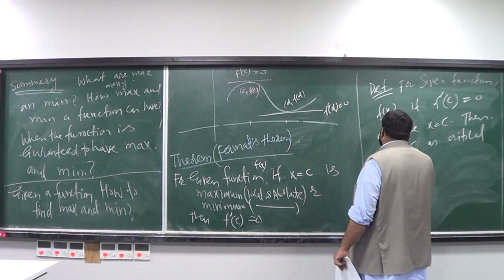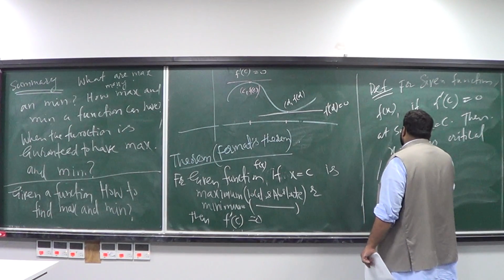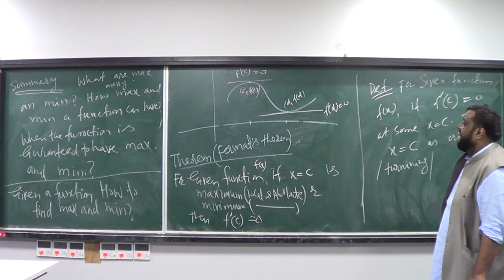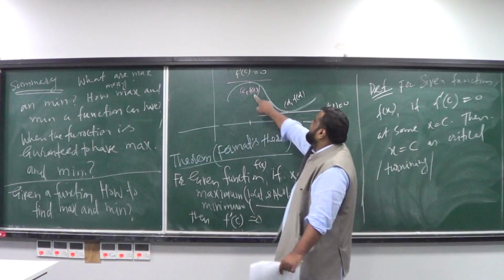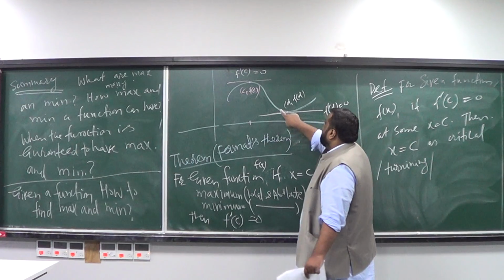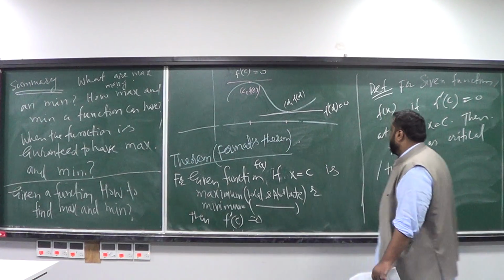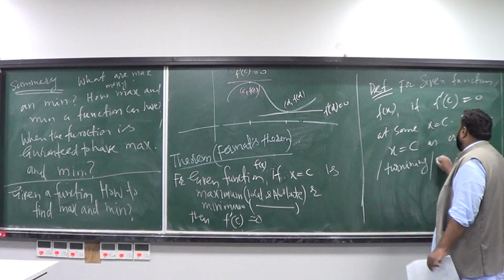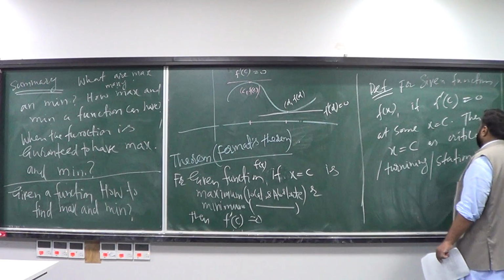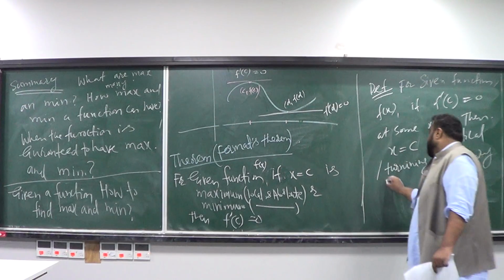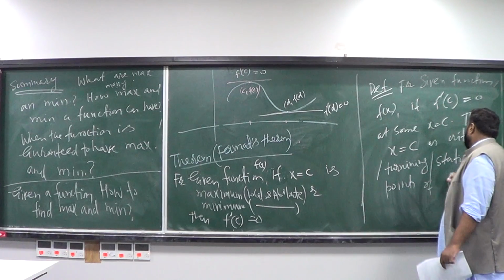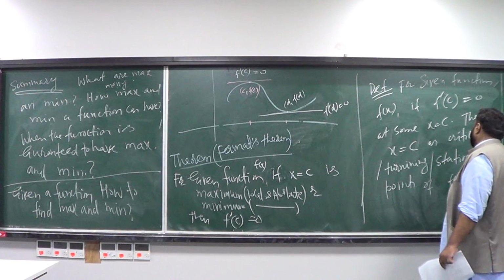Some people like to call it turning points, and it's true. The curve is turning at this point. Before that increasing and after that decreasing, or before that decreasing and after that increasing. Some people call it stationary points of f of x.